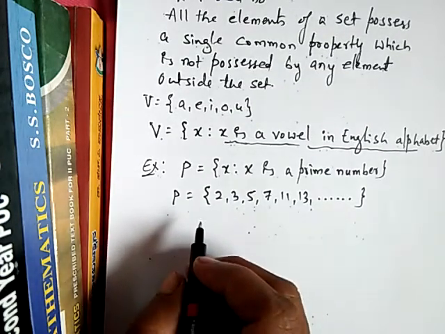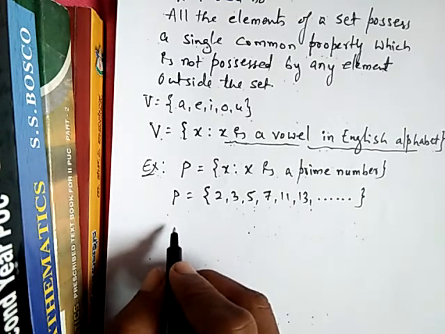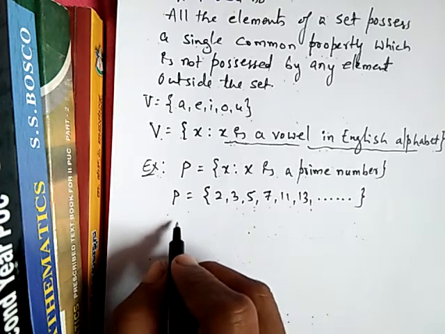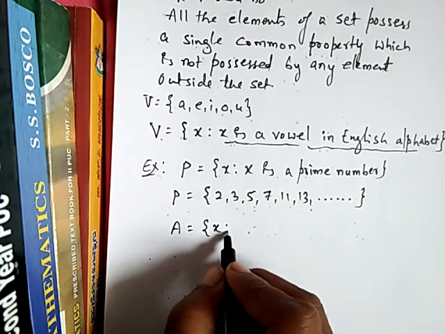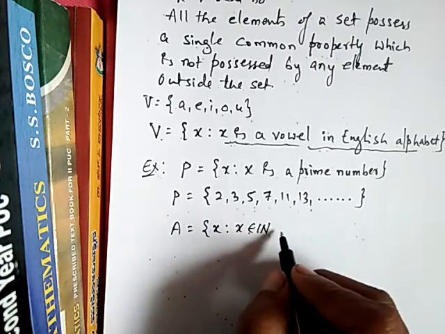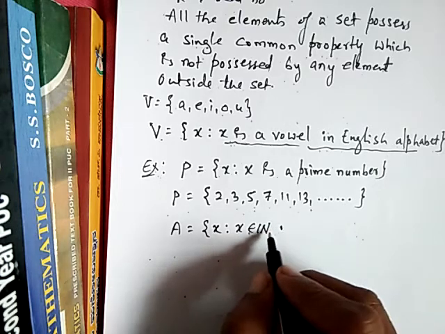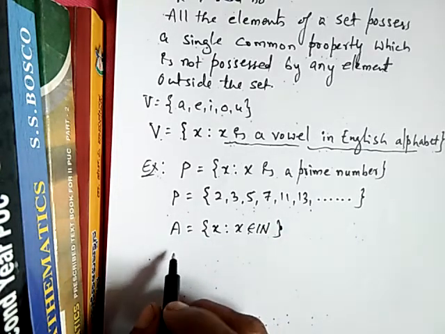Any other example also you can take. In the roster form you can have the set of natural numbers, but here also you can say A is equal to the set of X such that X belongs to N, natural numbers. Okay, that is what you can take here. But it is difficult to write in roster form.